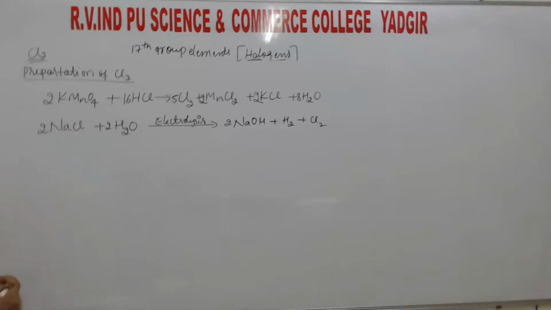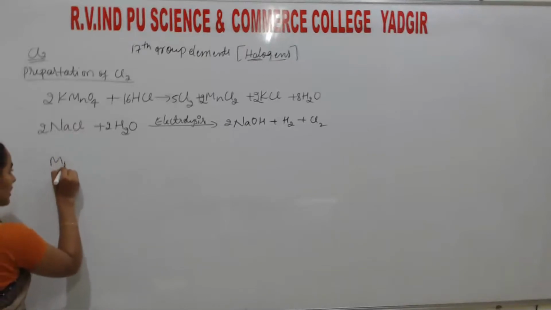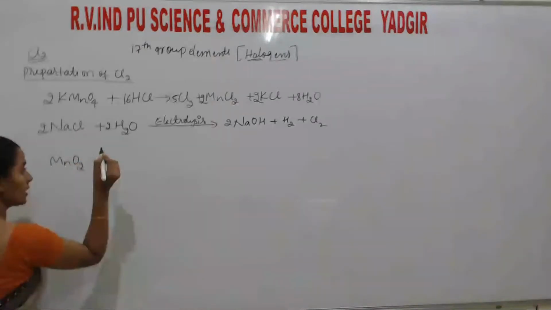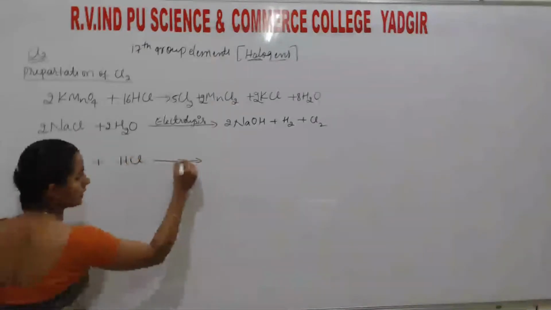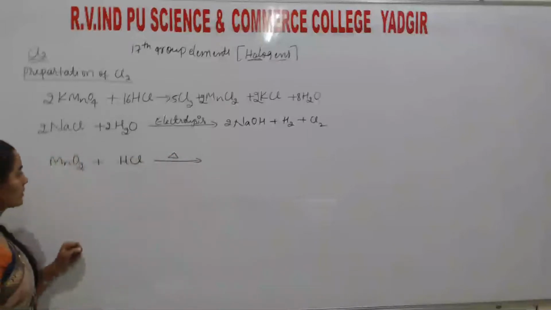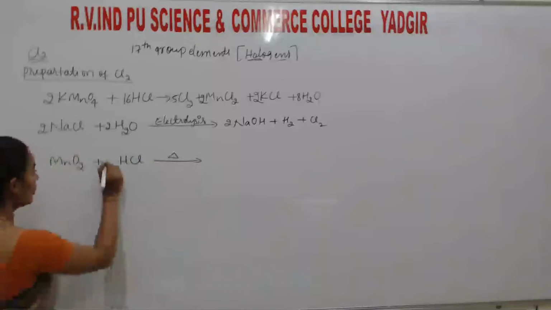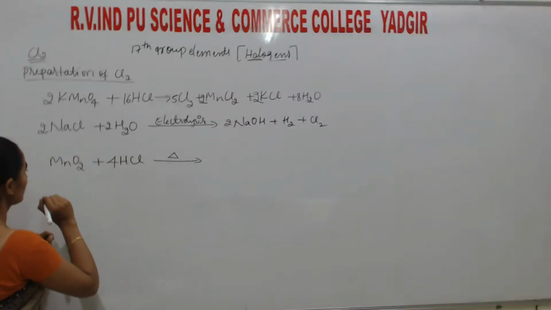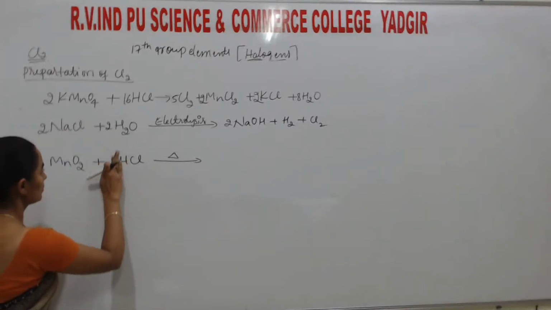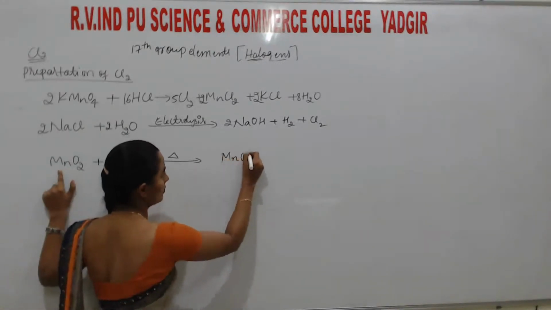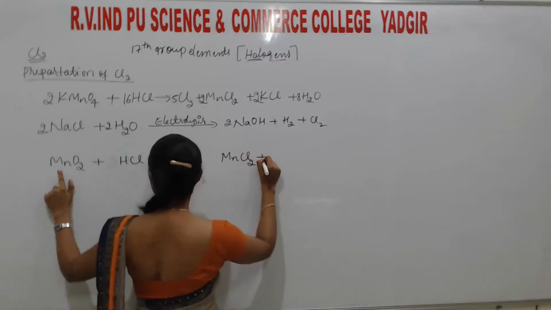So the third one is when manganese dioxide is heated in presence of HCl. No doubt, here HCl is taken in 4 moles. First you write MnCl2 will form.